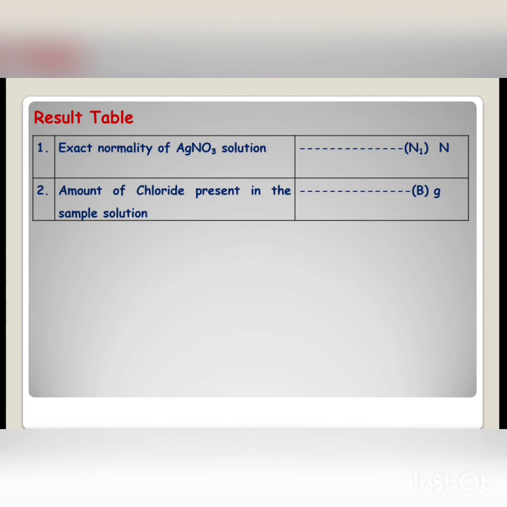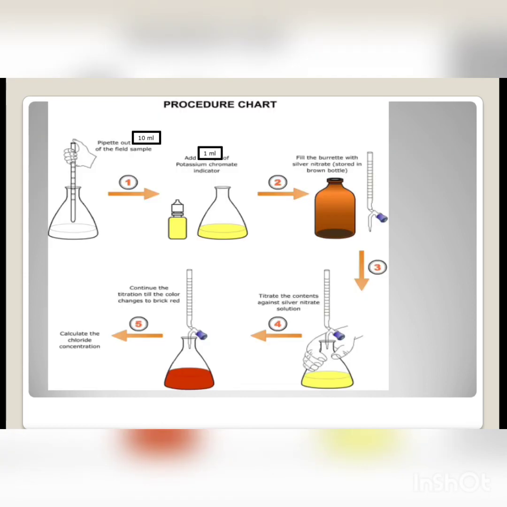Consider that it is capital A gram of chloride, and this A grams of chloride you will get in 10 ml of diluted water sample solution, because for titration in the conical flask we have taken only 10 ml of diluted sample solution. So whatever A grams of chloride you got, you got for 10 ml.